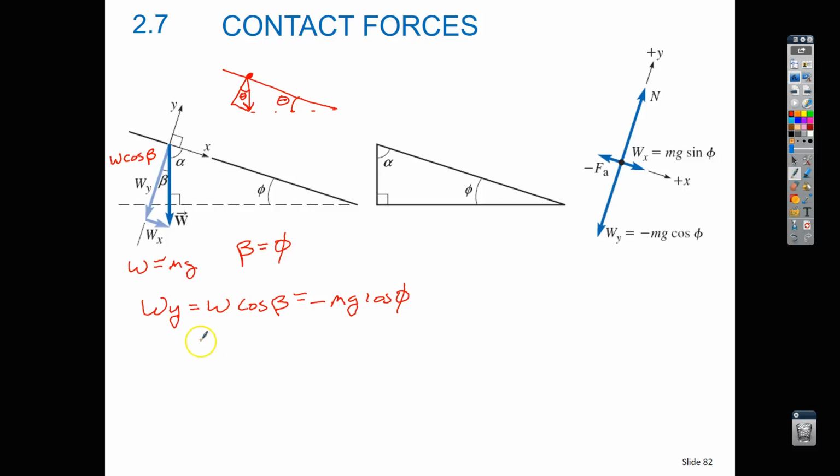If I want to know what's going on in the x direction, this side is mg times the sine of our angle. This is going down to the right. We've said that that's positive x, so that's why this one's positive. We know that positive y is up, so negative y is why this one was negative. And those are our two components of our weight force, and that's kind of why you see what you do.